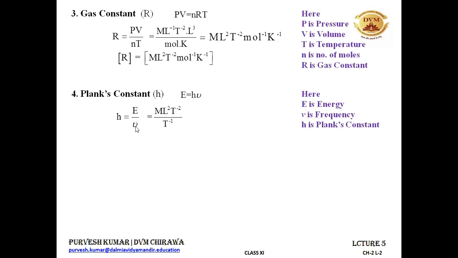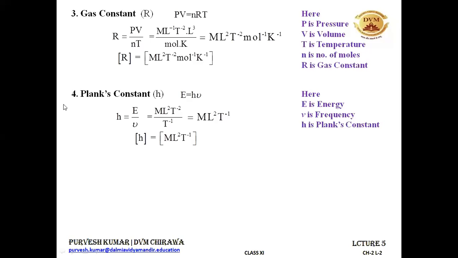And the dimensional formula for frequency is T minus 1. When this T minus 1 goes in the numerator, it becomes plus 1. And that plus 1 with this minus 2 makes it minus 1. So you'll be left with M L2 T minus 1. All right. So finally, the dimensional formula for Planck's constant h is equal to M L2 T minus 1. All right. So very simple.